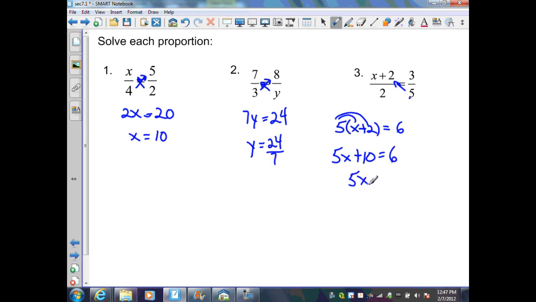Simplifying, I get 5x equals a negative 4, x equals a negative 4/5. In each case, these were solved by cross product, or also by the means extremes method, multiplying our extremes, setting them equal to our means.